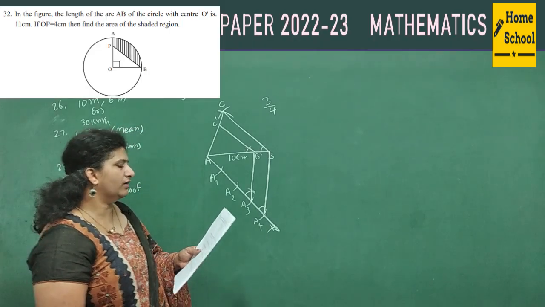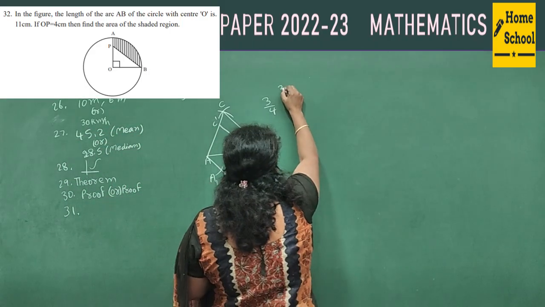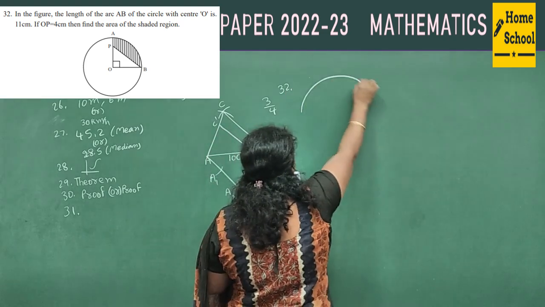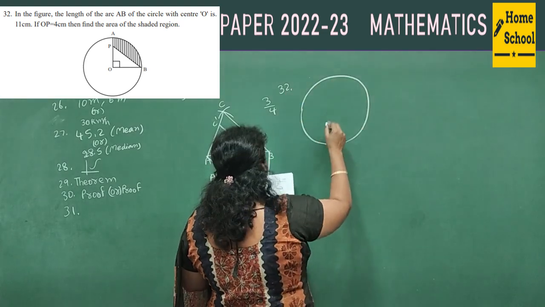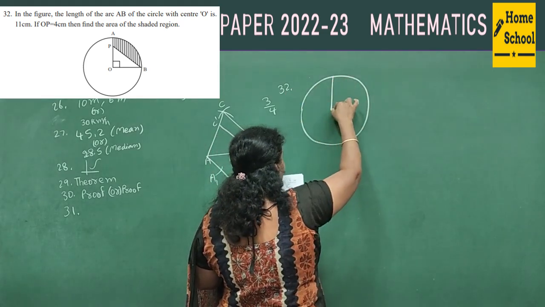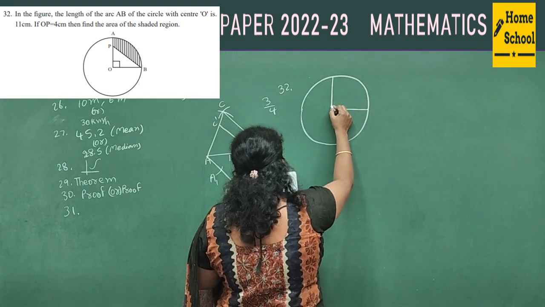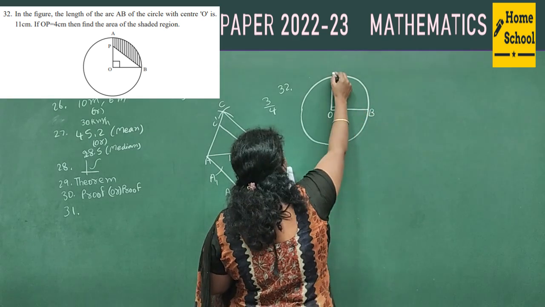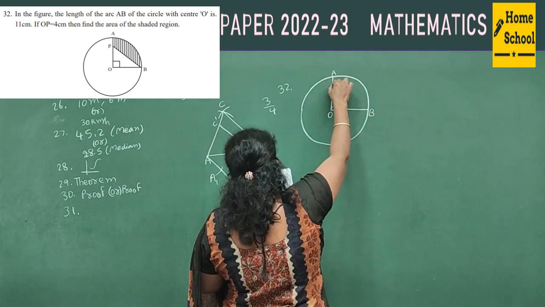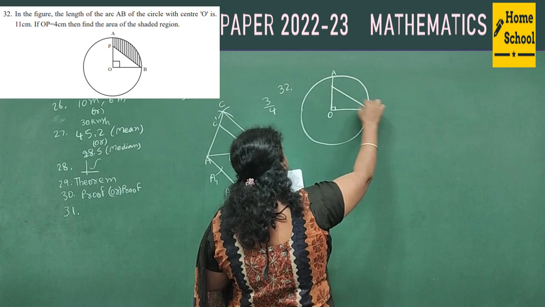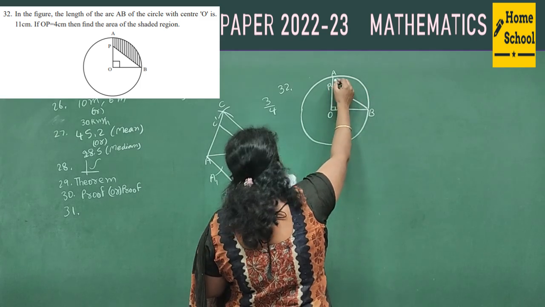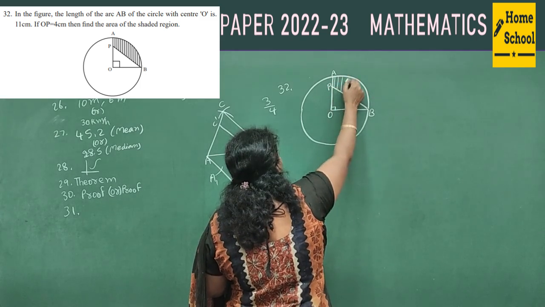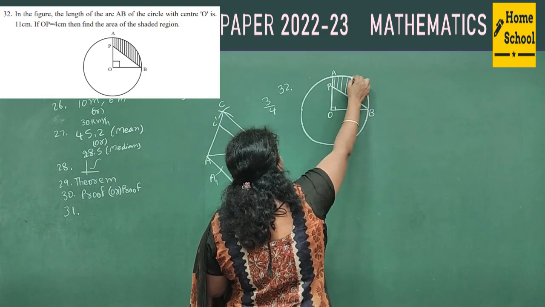In the figure, you can see a figure here, and this is a quadrant. Can you observe the quadrant? Yes. And from here to here some point P is given and this part is shaded.